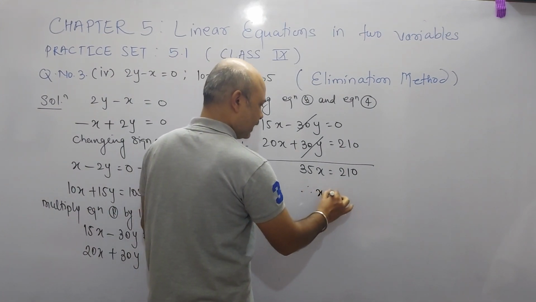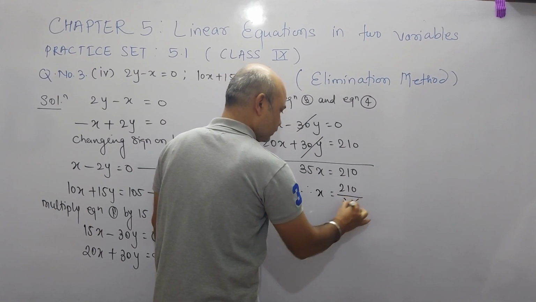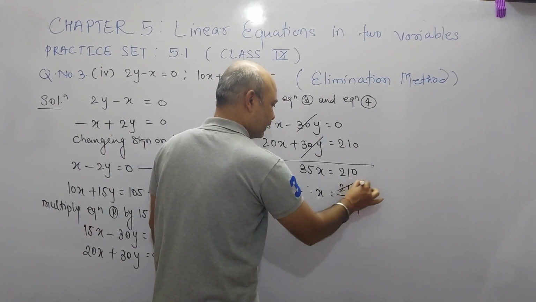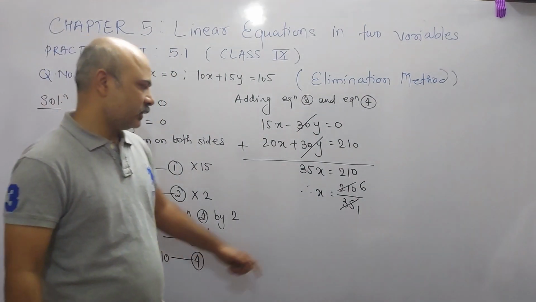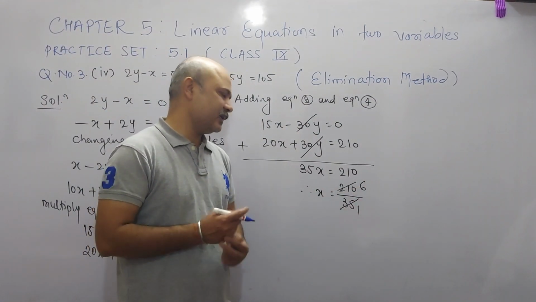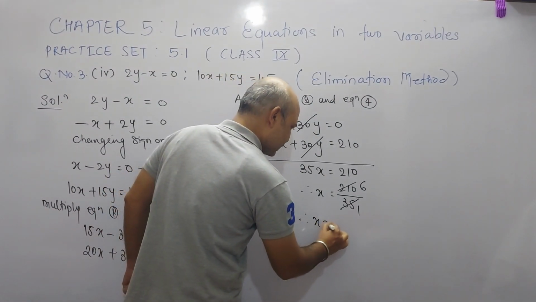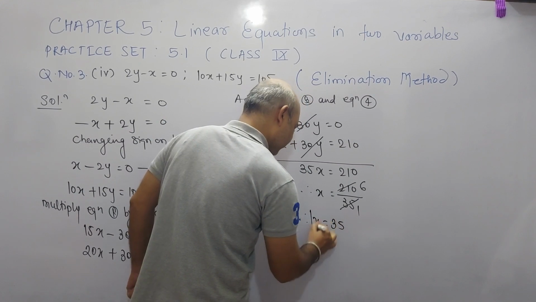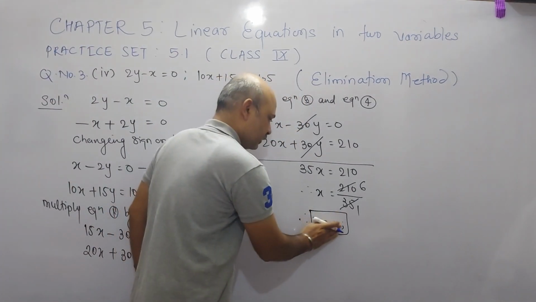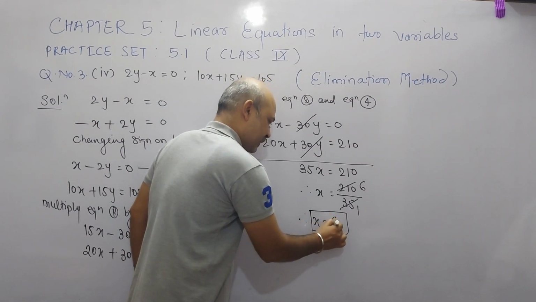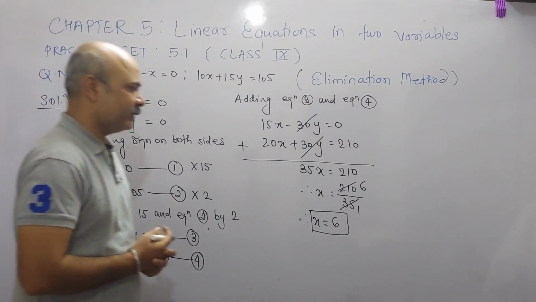Therefore, what will be x? 210 divided by 35. 35 sixes are 210. Therefore, you will get the value of x is 6. Now we'll put the value of x in equation 1.